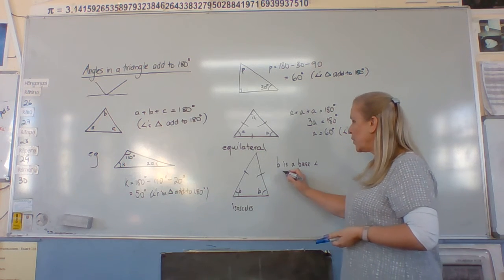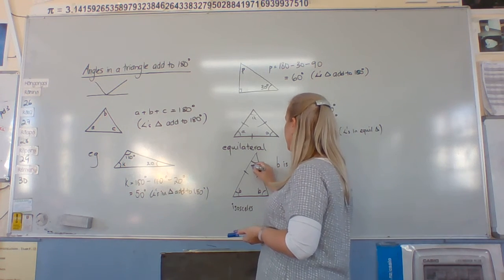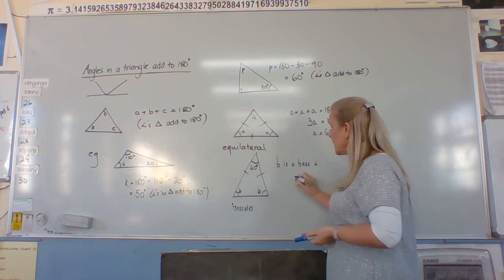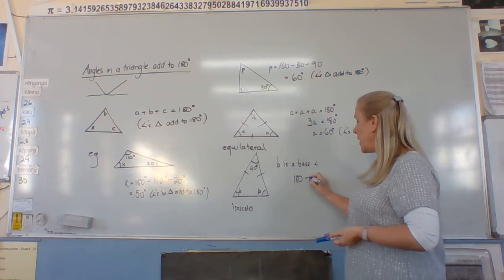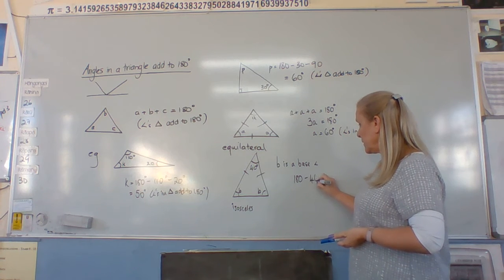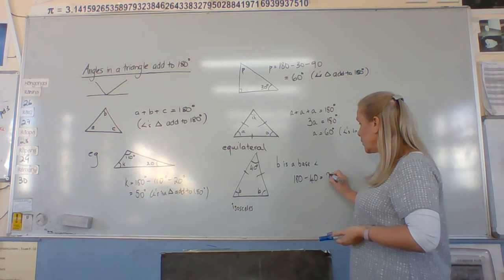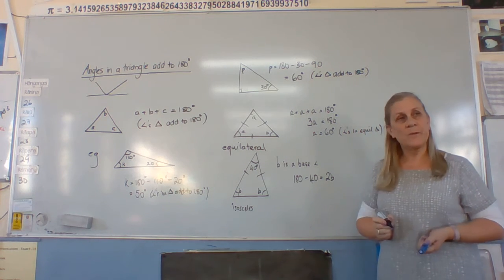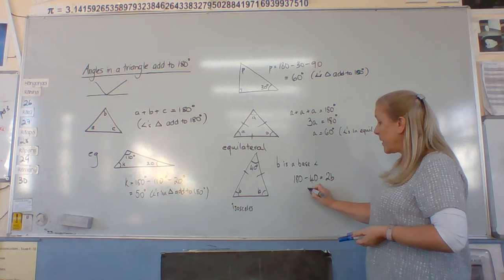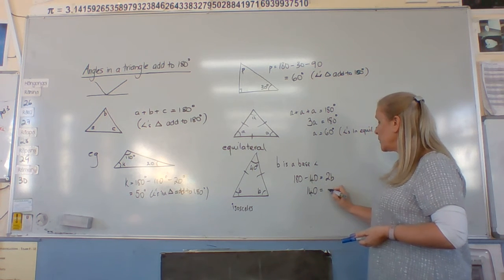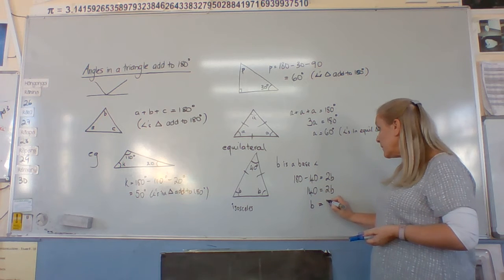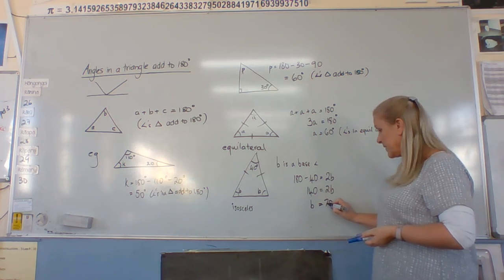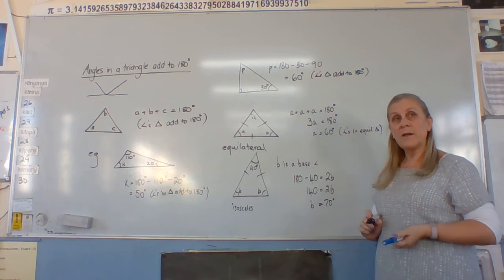So therefore we've got, as long as we know this, 40, then we can do 180 minus 40 equals 2 B angles. We just don't know what they are yet. But when we write it out, 140 equals 2B. What's B? 70 degrees. All right.